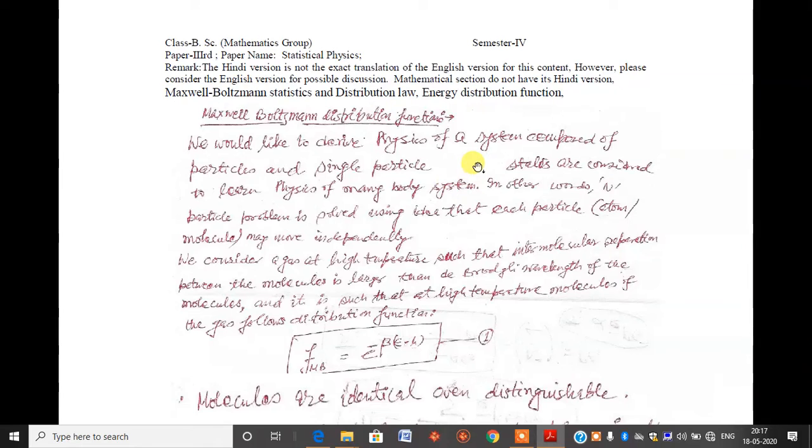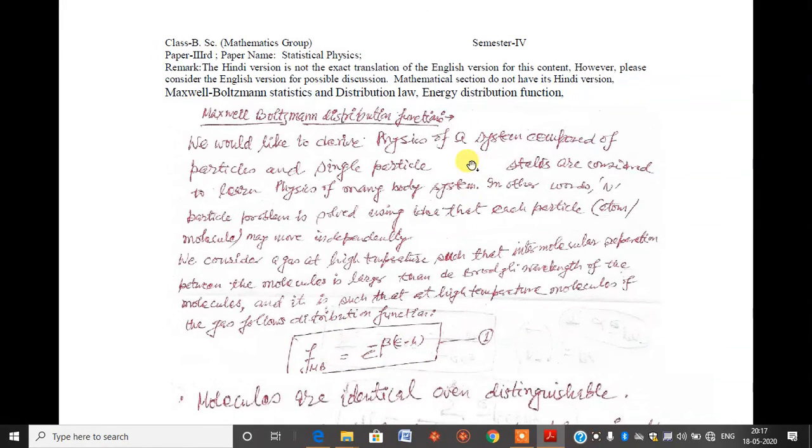In the canonical ensemble theory, we discussed the Boltzmann factor. Using that Boltzmann factor, we have one term, the Maxwell-Boltzmann distribution function, that we would like to see in this presentation.